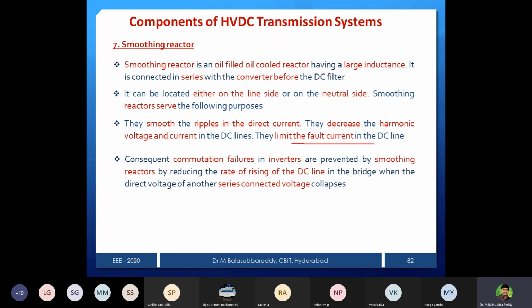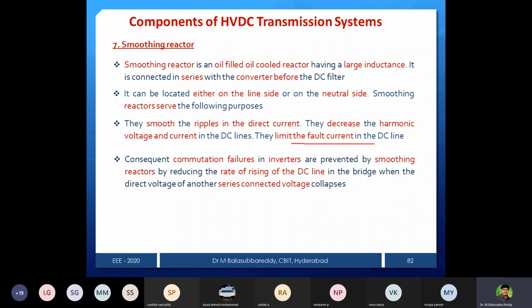Once a commutation failure takes place, if the reactor is there, the large current won't come to this side. It will be minimized there itself, so that we can rectify that fault and restore the operation. But if the reactor is not there, the fault is connected to the load side, and the load will be affected if any commutation failure takes place.